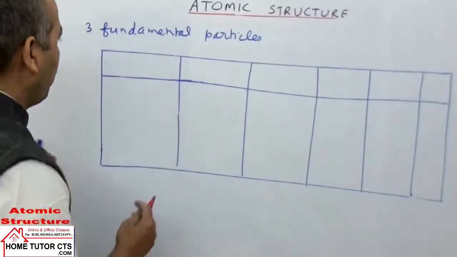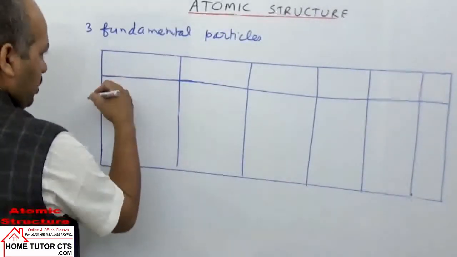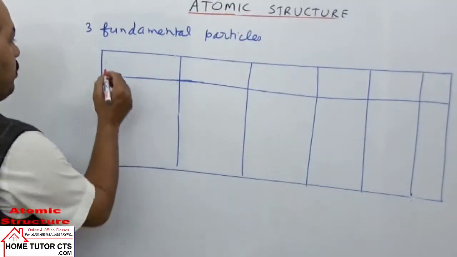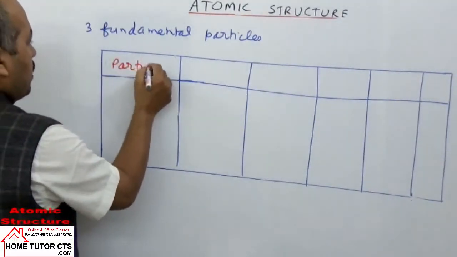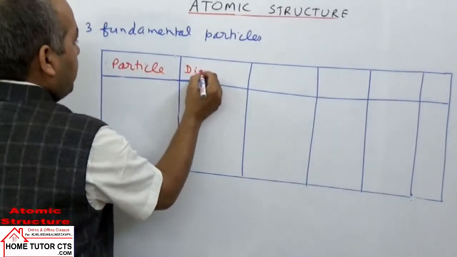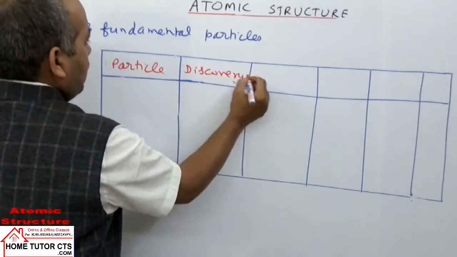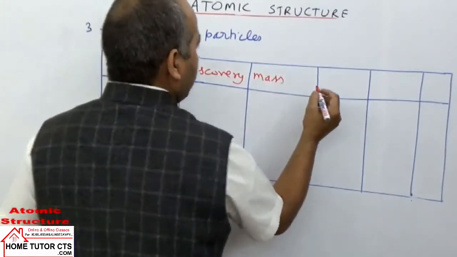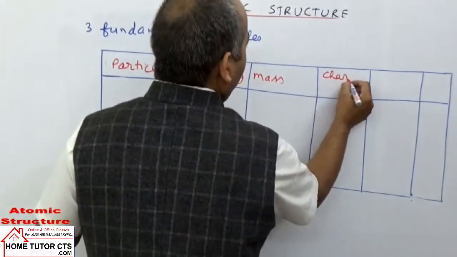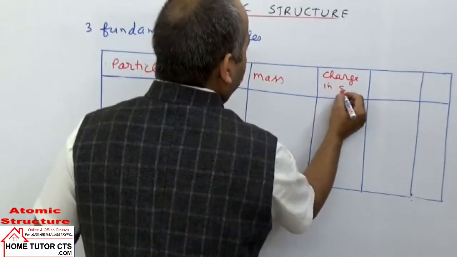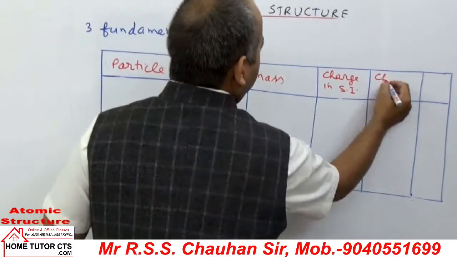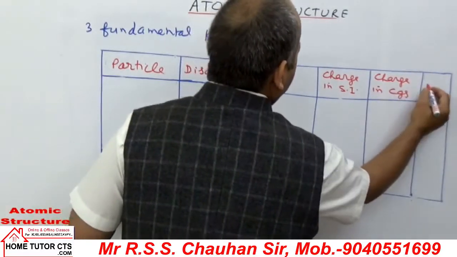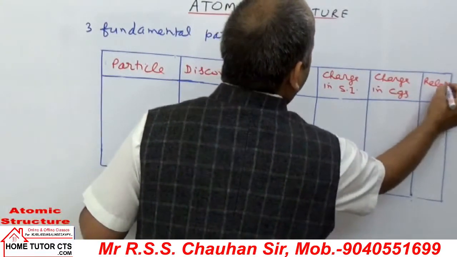In the table we take the basic properties of the three fundamental particles: the discovering scientist's name, the mass of the particle, the charge of the particle in SI system, the charge in CGS system, and then the relative charge.